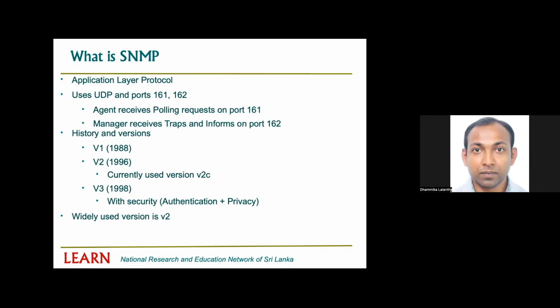This protocol uses the UDP ports 161 and 162. The 161 port is mainly used when we are doing polling requests, that is, when the manager periodically requests information from the agent. And when the manager receives traps or informs, port 162 is used on the manager to receive that information.